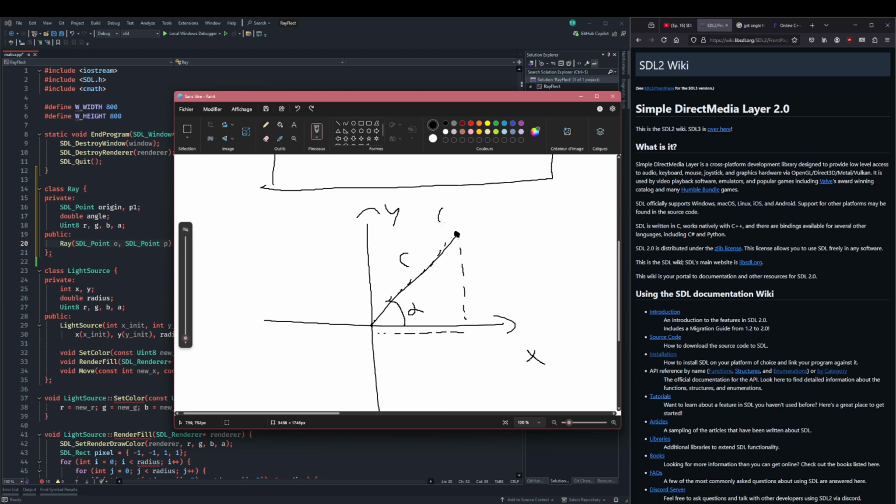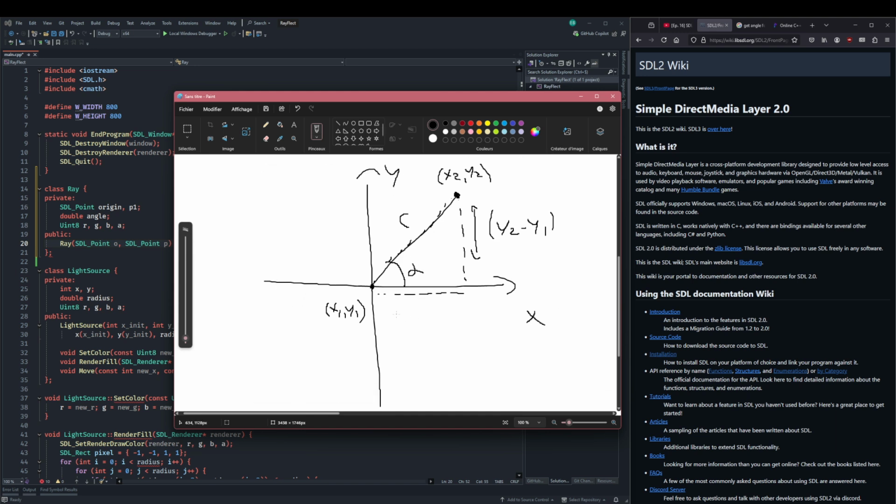So this point is x2, y2 in terms of coordinates, and the coordinates of this point are x1, y1, right? So this distance here is just y2 minus y1, and this distance is just x2 minus x1, right?